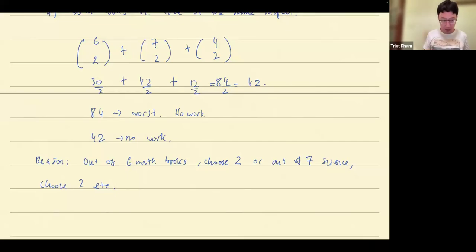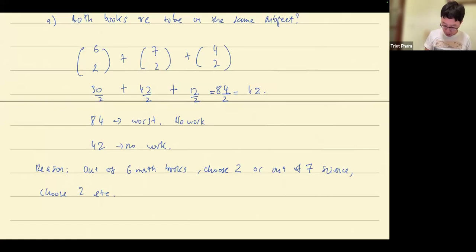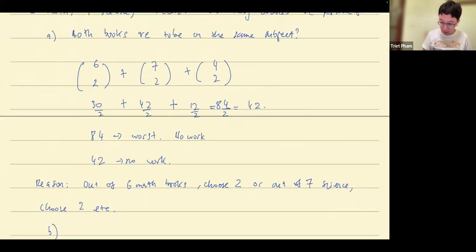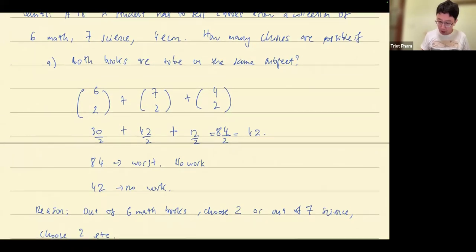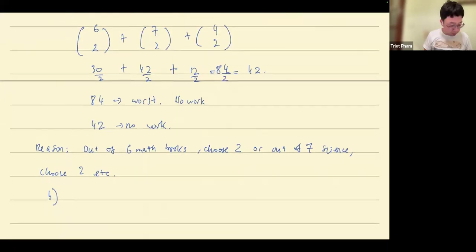All right, so the second question will be the books. So the same question: the student has to select 2 books. How many choices are possible if the books are to be on different subjects?